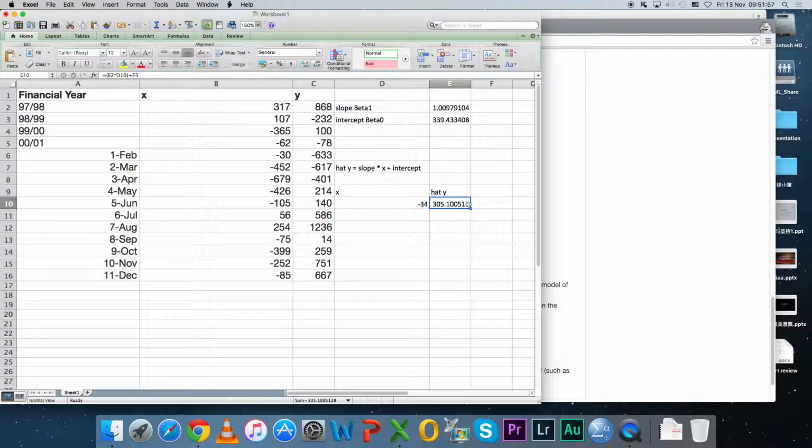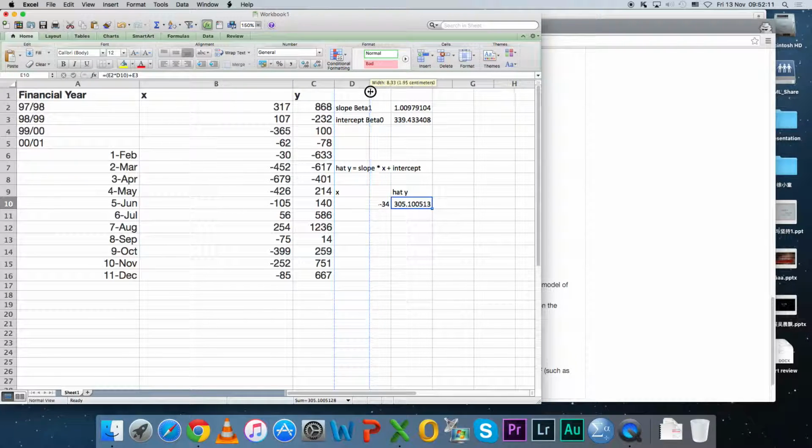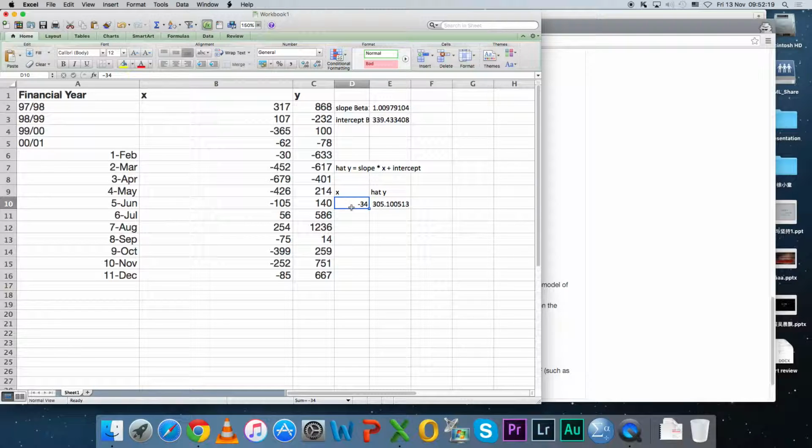So with this knowledge of how to create a regression model, you can be rich because you can make predictions of the Hang Seng index. Based on the previous day, you can estimate the Hang Seng index of the next day by creating a regression model like this.